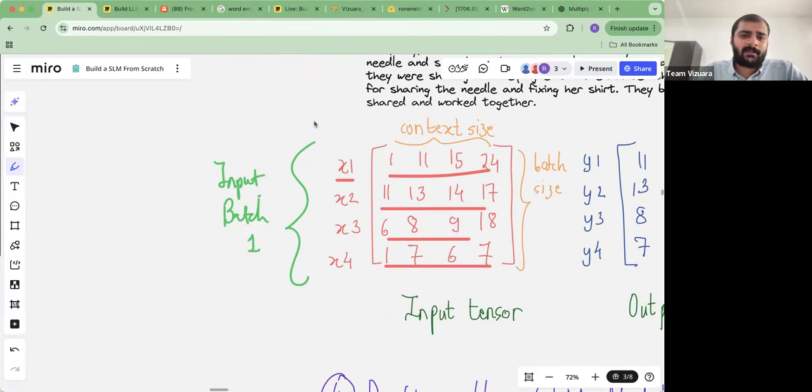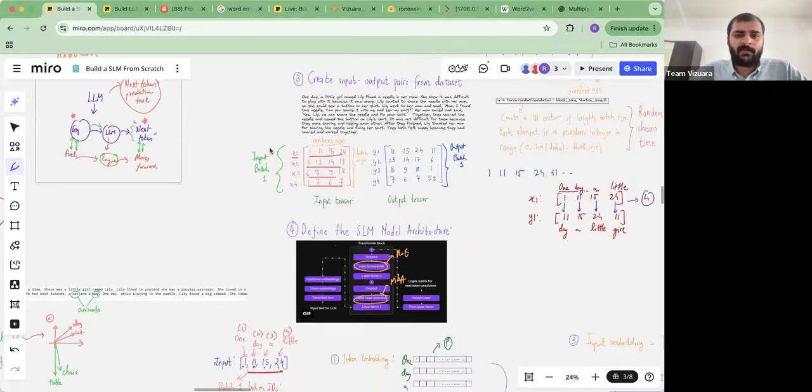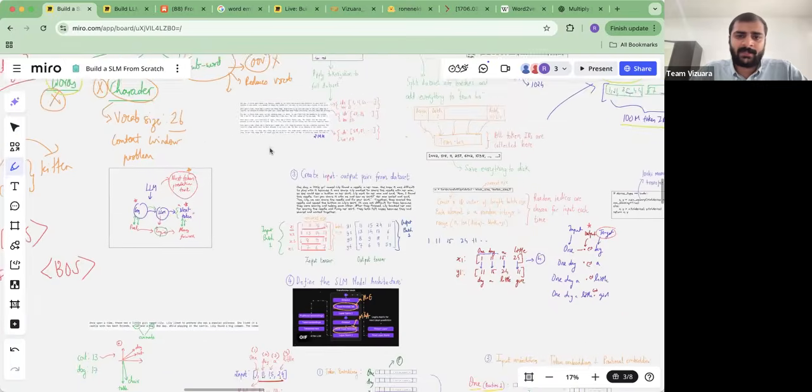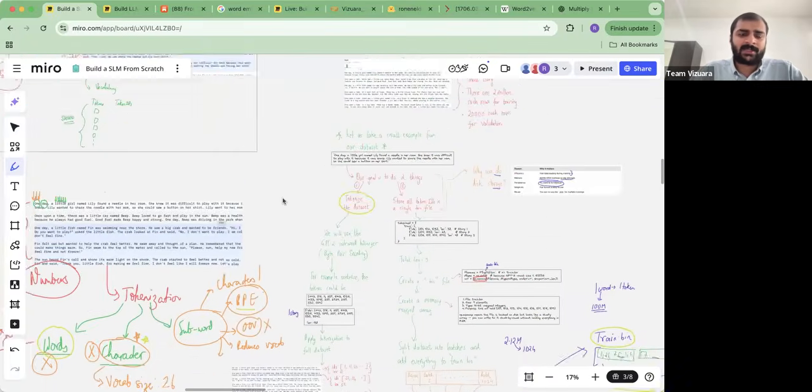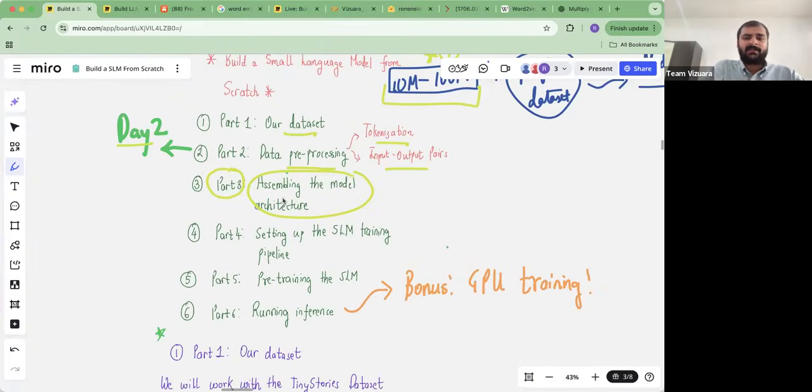Loss function and back propagation I'm going to explain in the next lecture. Today's lecture is mostly about the next token prediction task. In today's lecture, I tried my best to condense a lot of information related to the LLM architecture. As I mentioned at the start, it's the brain of a small language model, really.